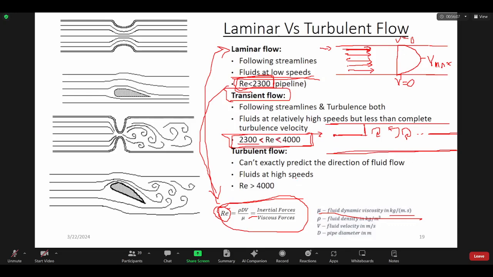Then finally turbulent flow. Consider fluid going through a pipeline, where its particles behave in different directions, like this.